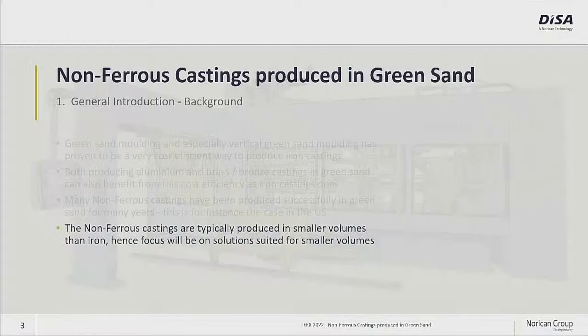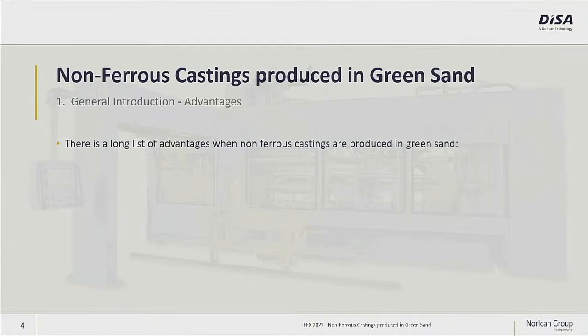So, in general, these non-ferrous castings, meaning aluminum castings and brass and bronze castings, are normally not made in very high volumes. Hence, we will try to focus today on solutions that are more suitable for producing castings in smaller volumes. If we look at producing non-ferrous castings in sand molds, there are a lot of benefits.